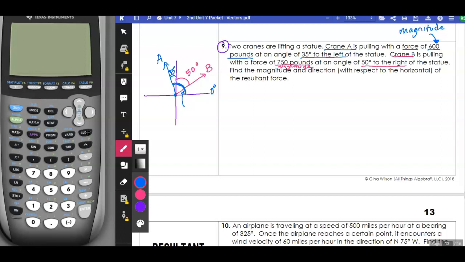Yeah, the first quadrant is 90 degrees, and then you just add 35, and you get 125. That is the direction angle of A.